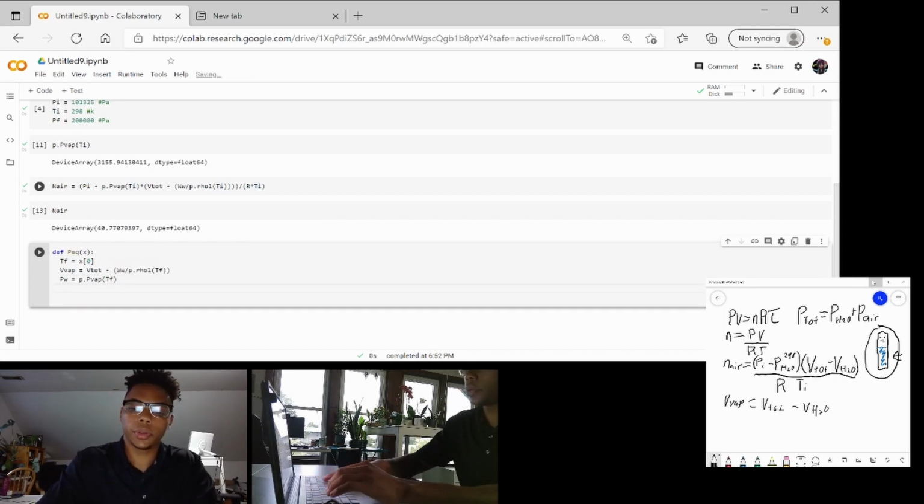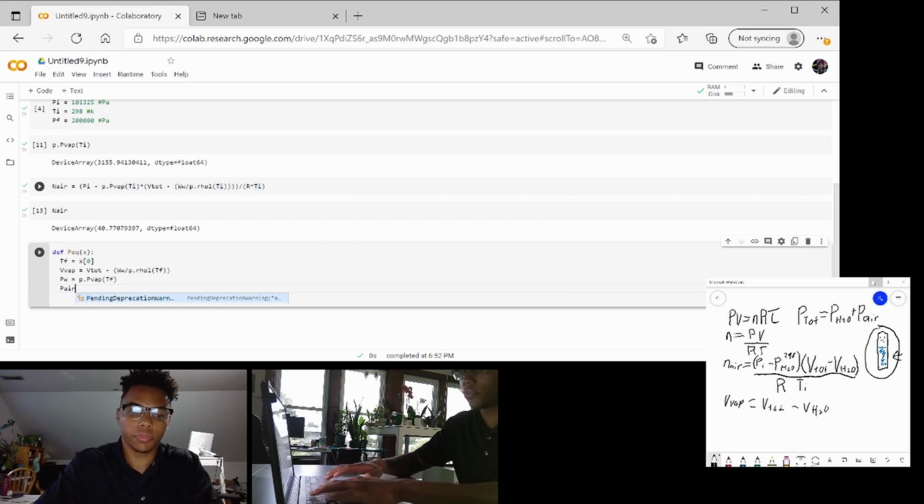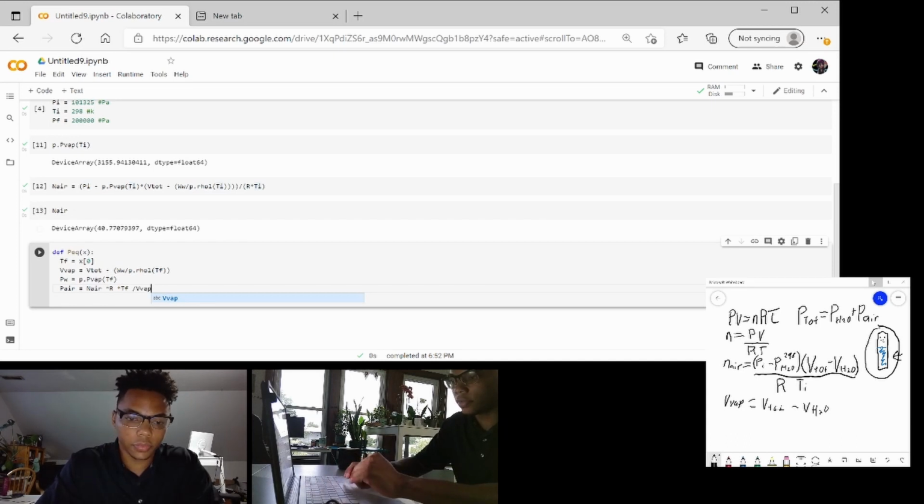And then we also would like to know our partial pressure of air at our final temperature. So P air is going to be equal to N air times our R times our final temperature divided by our volume of vapor.